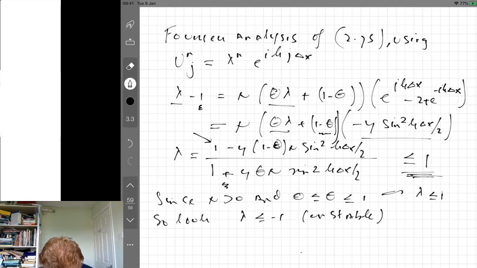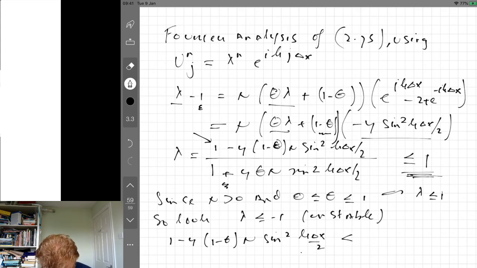That means that 1 minus 4 (1 minus theta) mu sine squared k delta x over 2 is less than minus 1 minus, and so I fill in lambda, 4 theta mu sine squared k delta x over 2.